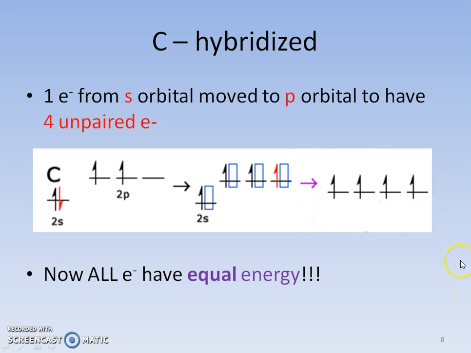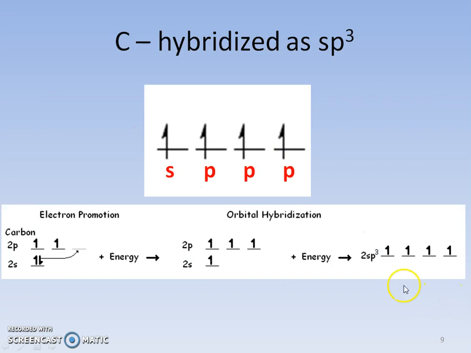Every time they broke that first CH bond, it would have the same amount of energy. So that's why things hybridize. We have the 2s and the 2p, and they come together to make an sp orbital. So when carbon hybridizes as 4 single bonds, we're going to say s p p p around the carbon, and we're going to have sp3 as what's called our hybridization.